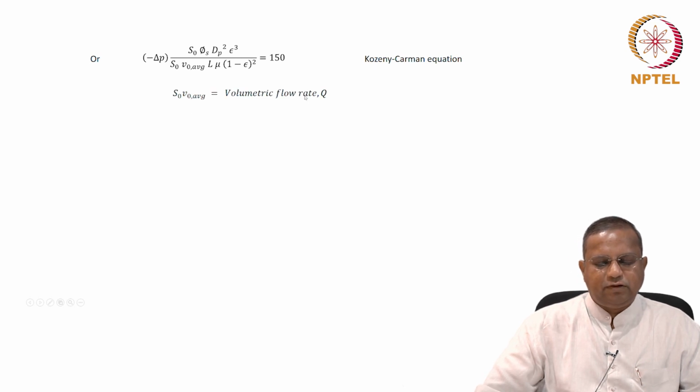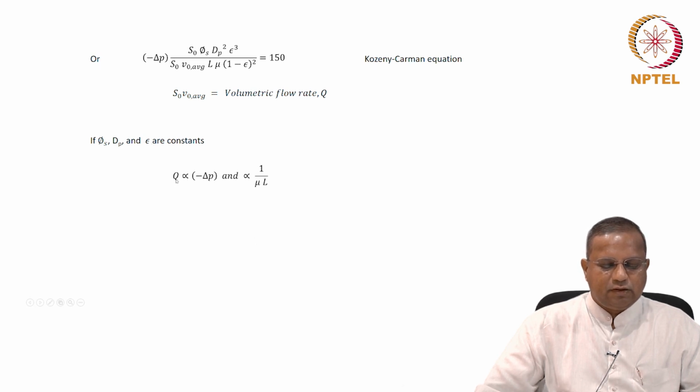S naught V naught average is the volumetric flow rate, and if the sphericity, the diameter of the particle, and the void fraction are constants, the flow rate is directly proportional to the pressure drop and inversely proportional to the product of the viscosity times the length of the bed.